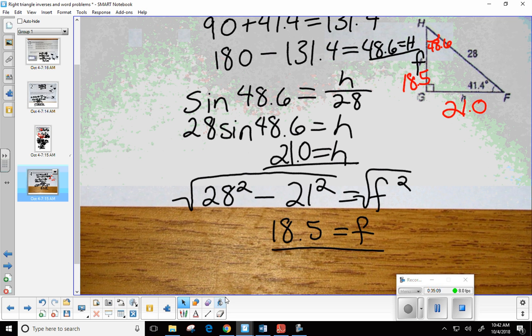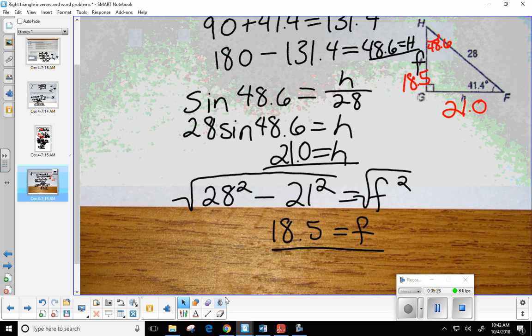So does that make sense? Because you could have used trig functions, you could have used the Pythagorean theorem, either one. Okay. Awesome. Cool. Nobody has any questions?